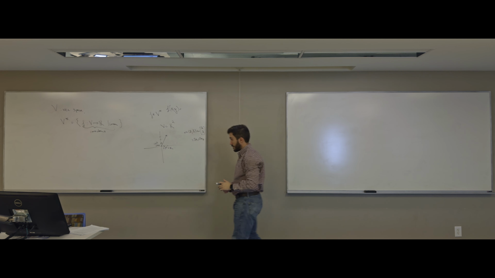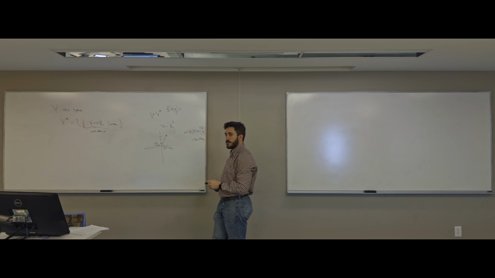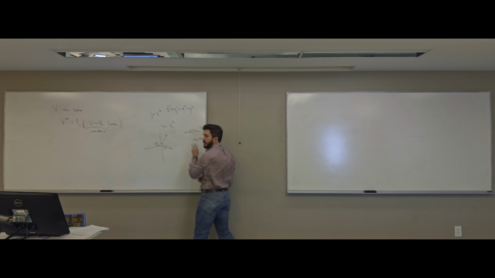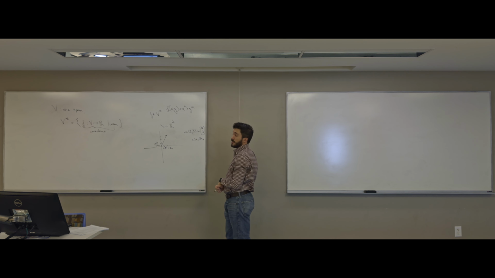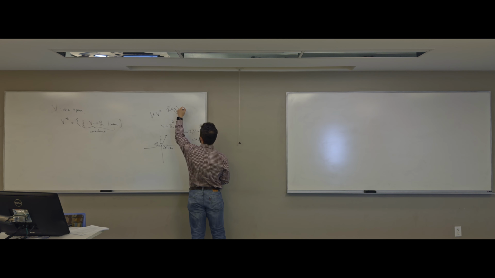And how should I define this? Sum of squares? X squared plus y squared. You say, this is not linear, right? Oh, that. 2x plus 3. Okay. That's one example.